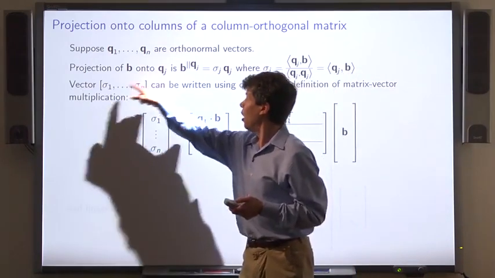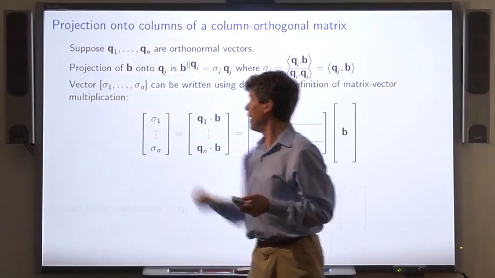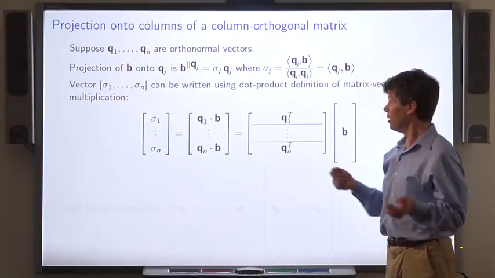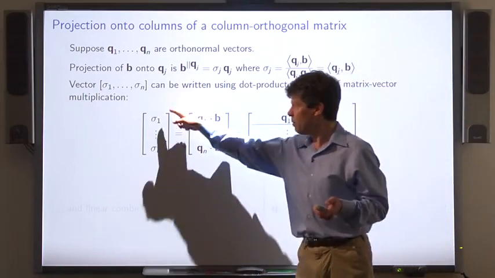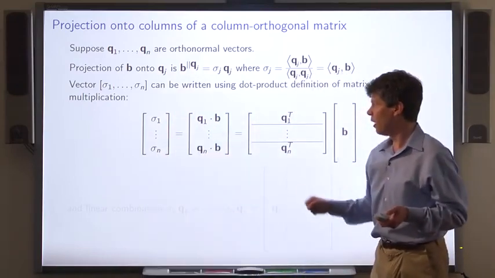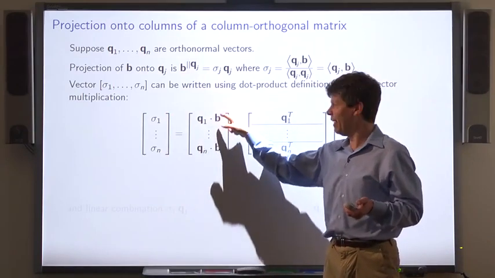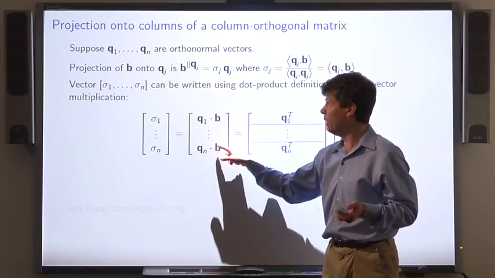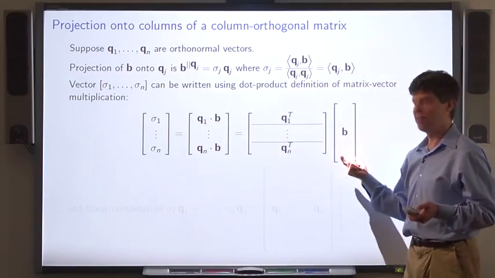So the vector of these scalars, sigma 1 through sigma n, can be written using the dot product definition of matrix-vector multiplication as sigma 1 through sigma n, which is the dot product of q1 with b through the dot product of qn with b. That's the product of this matrix times the vector b.